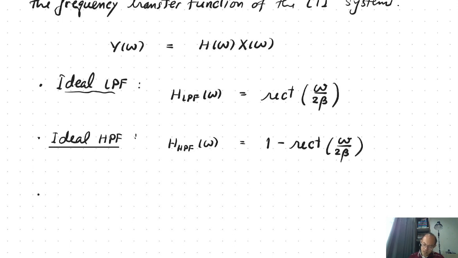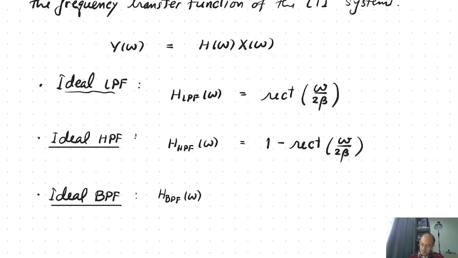And we also have an ideal band pass filter. So a band pass filter is a linear time invariant system that lets a range of frequencies pass through and blocks the rest. So it is a band pass filter.